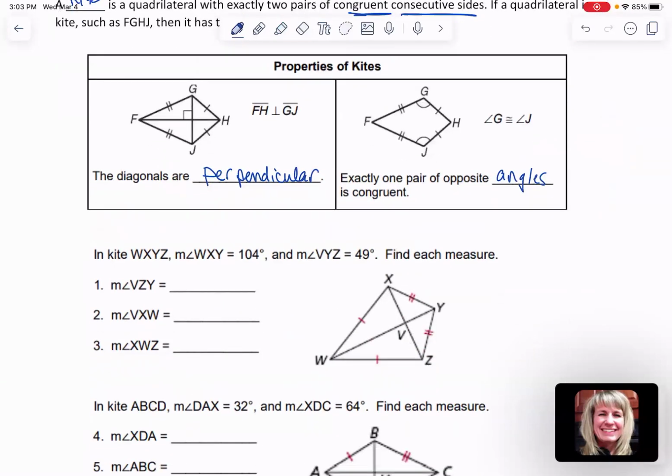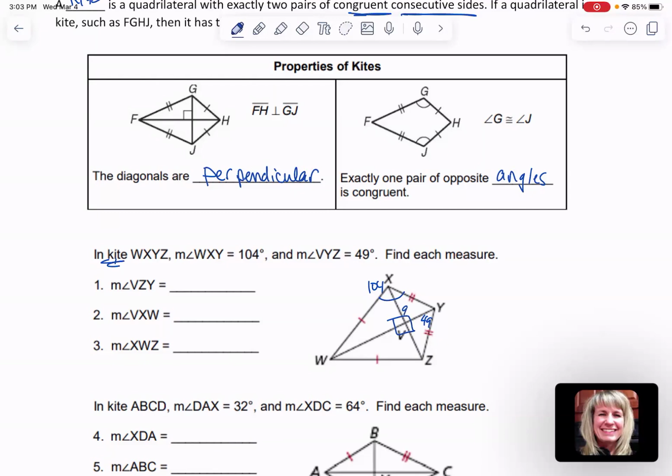So looking at this picture down here in kite WXYZ, angle WXY, this whole angle right here is 104 degrees. Angle VYZ, this angle right here is 49. And they want us to find the measure of the following angles. So because it's a kite, and I know it is because they told me so right here, I know that these are four right angles right here.